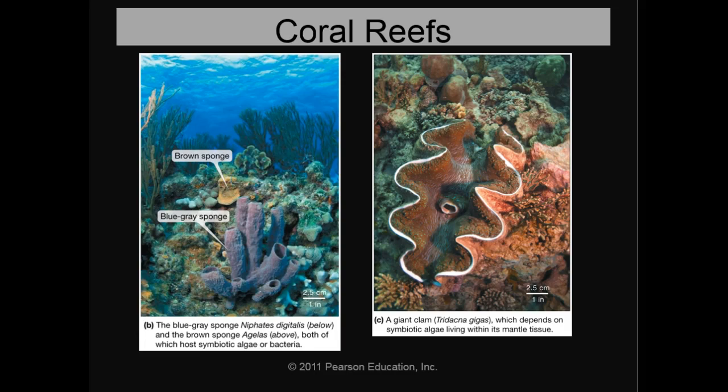Cool thing about a sponge is if you push it through a screen, like a window screen, it will actually reform on the other side because it's made up of tiny organisms that all live together. Over on the right, we have a giant clam, just for fun. Giant clams also have algae on the inside, and you can see there's a bunch of different coral in the background.